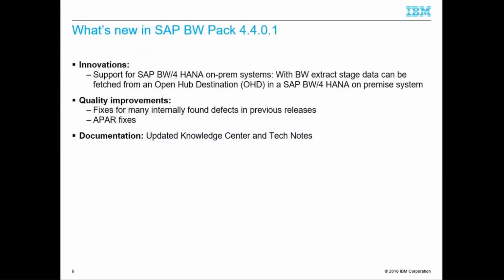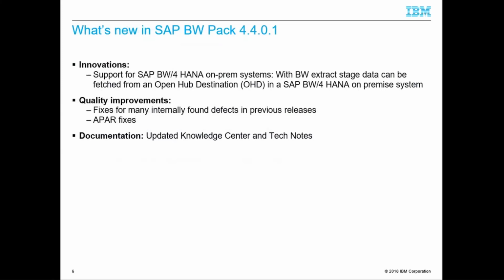What is new in 4.4 Fix Pack 1, in terms of innovation, is the support for BW for HANA on-premise system. So we have been able to support the extraction of data from SAP BW for HANA, and therefore you can make use of the BW Extract stage to extract data from such systems.